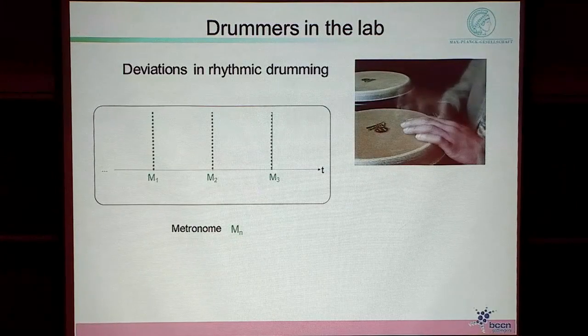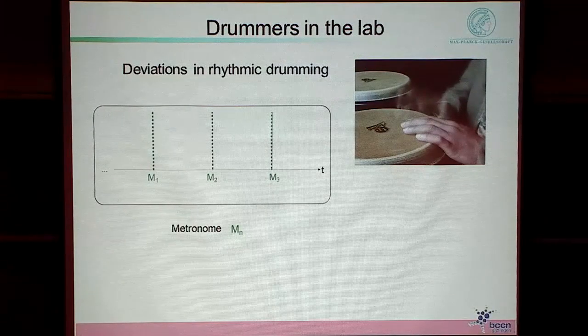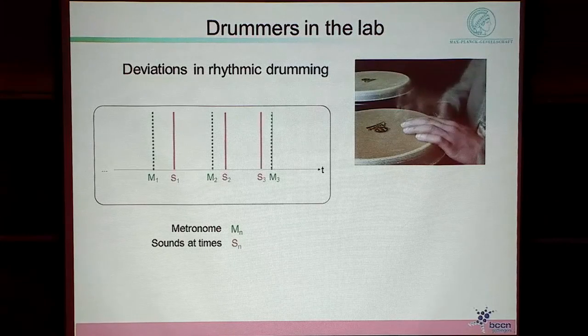So here's the simplest task, which I use to explain what we're doing. Imagine we have a metronome. Here's the time axis, and the metronome produces beats at times M1, M2, and M3. And now a percussionist is asked to follow these metronome beats on a drum, and he or she plays sounds at times S1, S2, and S3.